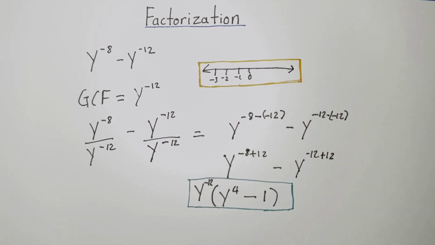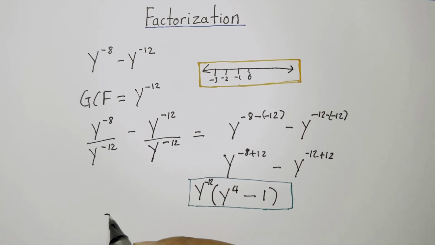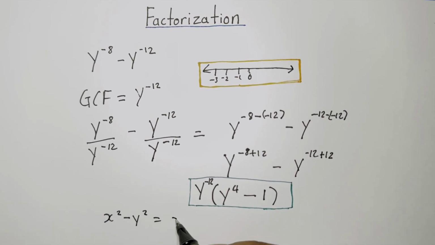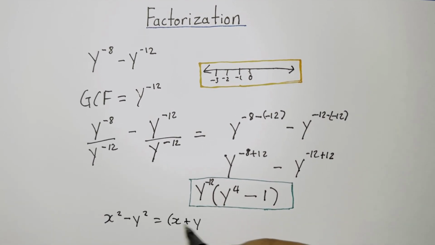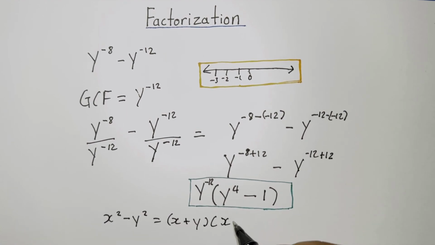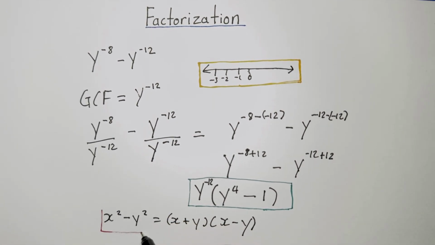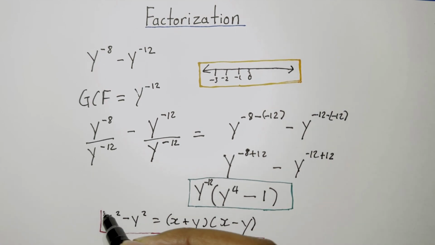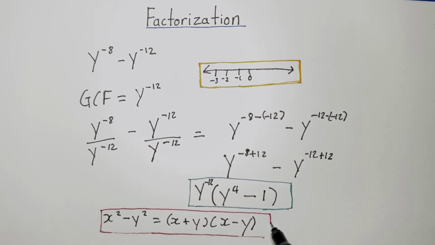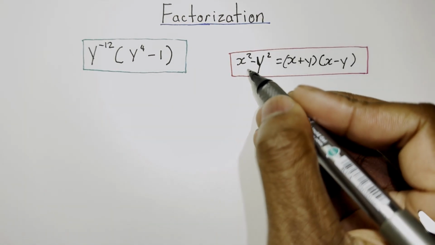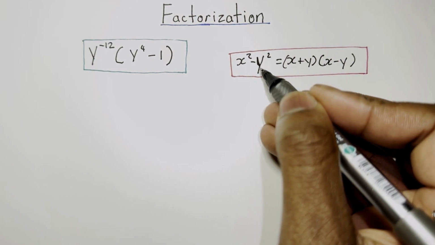The formula for the difference of two squares is x squared minus y squared equals x plus y times x minus y. First, we're going to identify our x squared term and our y squared term.